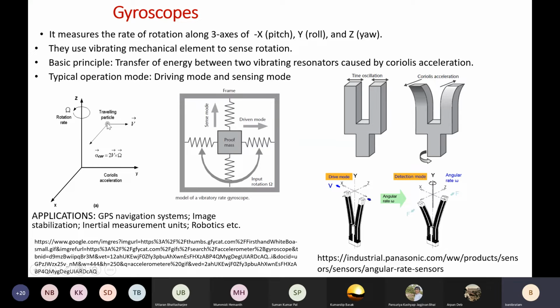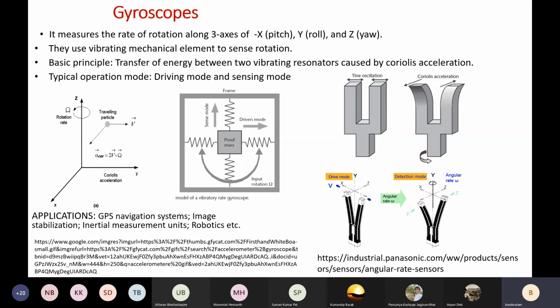Because of it, the stone thrown along the y-axis will experience an extra force along the x-axis, so it cannot move directly parallel to the y-axis. Rather, its motion will get deviated because of the Coriolis force, which is a function of omega cross v. This basic logic is exploited to develop the gyroscope.